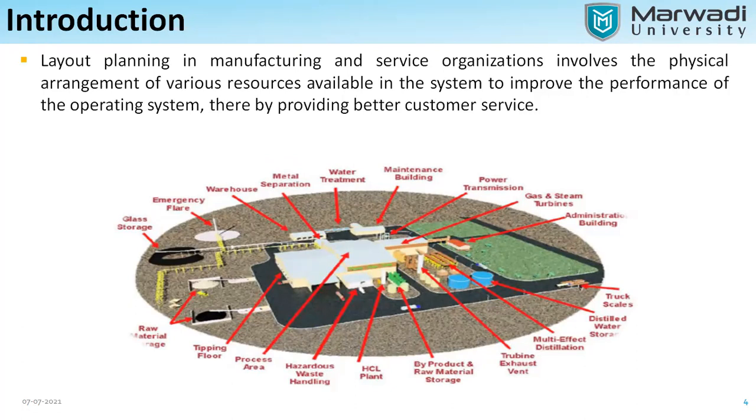Everything will be there, and you can find the place according to your need. So that is basically a layout in a manufacturing and service organization: you can give operational performance to the system, and the reason is to provide better services to the customer.